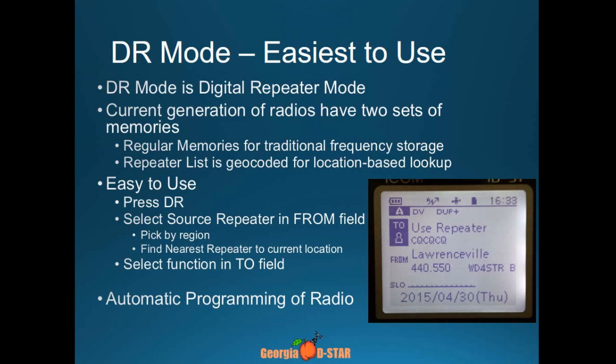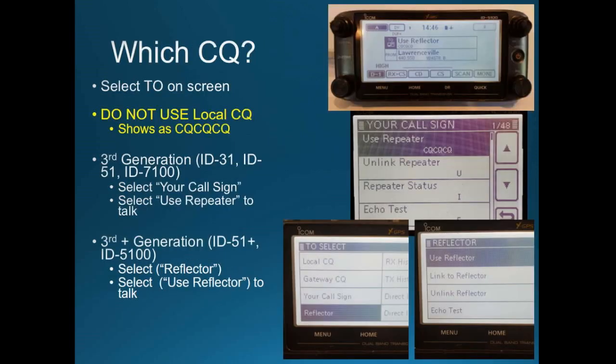One of those options, let me go in DR mode, it'll say one of three things. It'll say repeater list, nearest repeater, or transmit history. Now, if I want nearest repeater function, I'll press the blue button again. Let's go through. I think I've got some screens for this. Here we go.